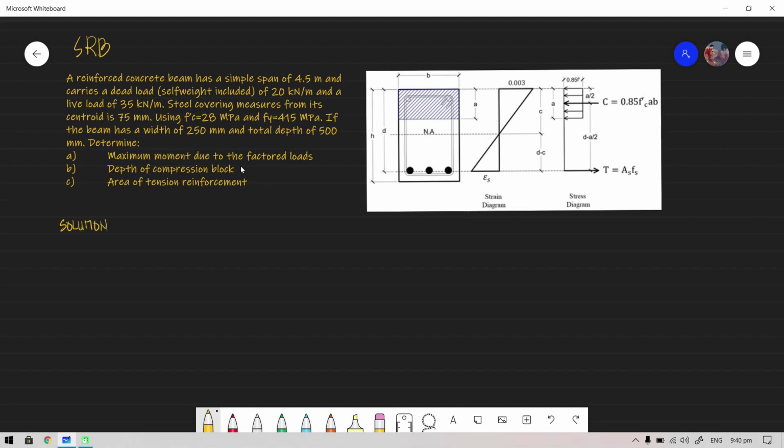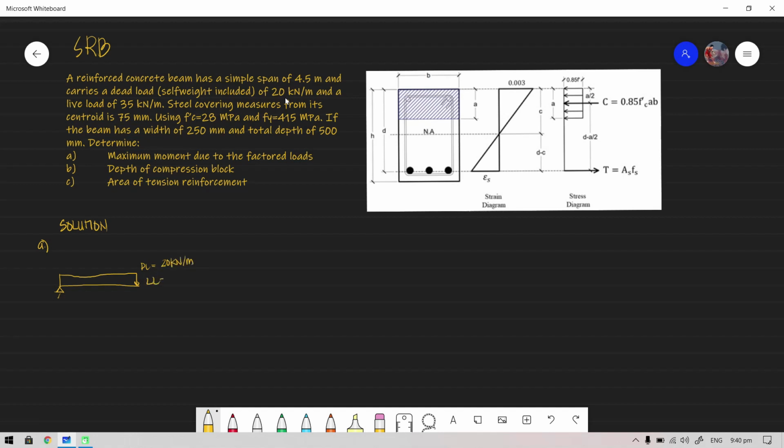Okay, for the first part, we need to plot. We have a simple span of 4.5. So we have here a simply supported beam. We have a dead load, self weight is included, of 20 kilonewton per meter.